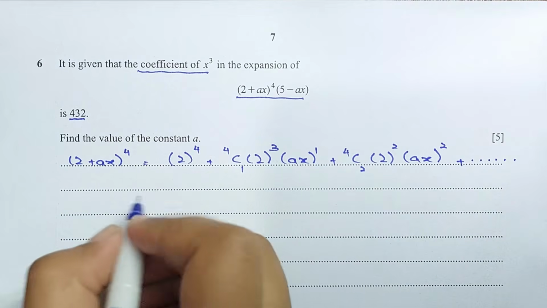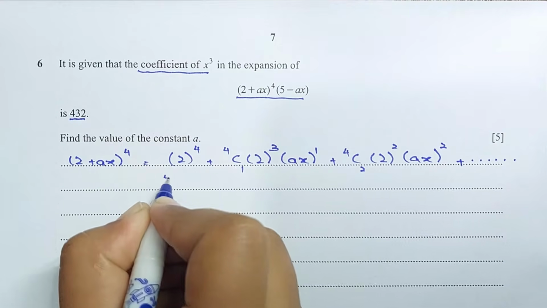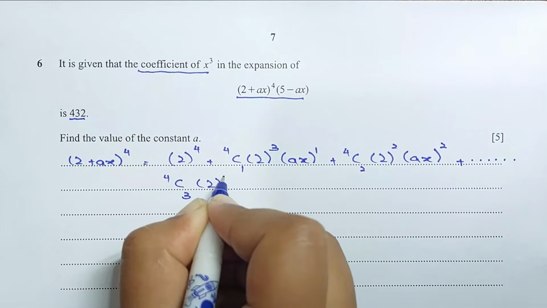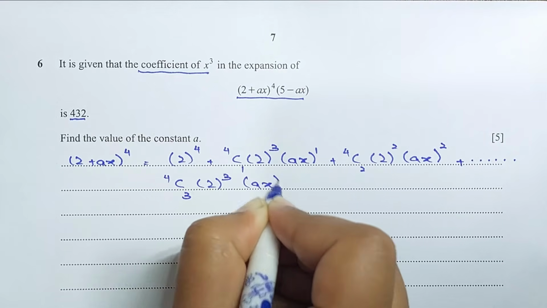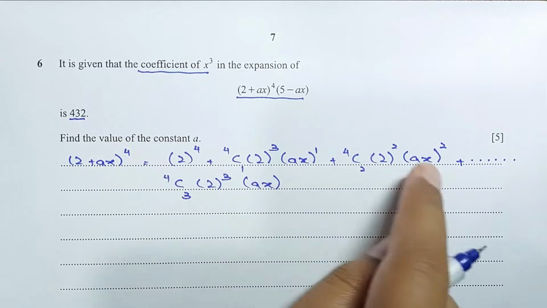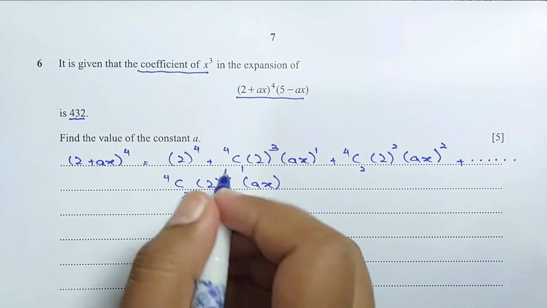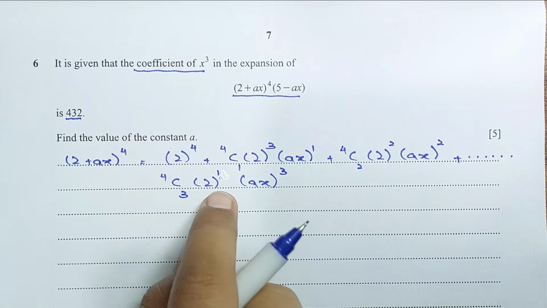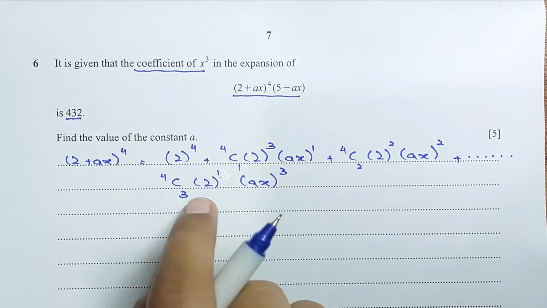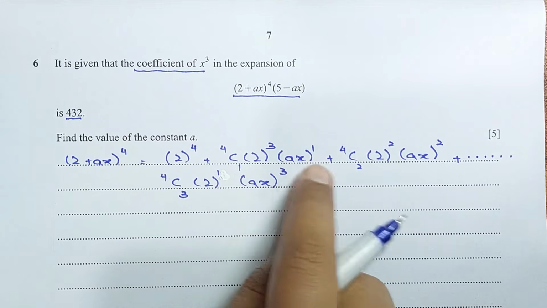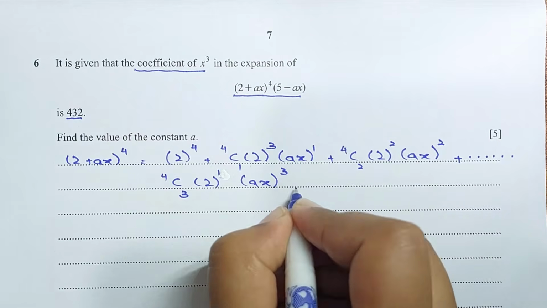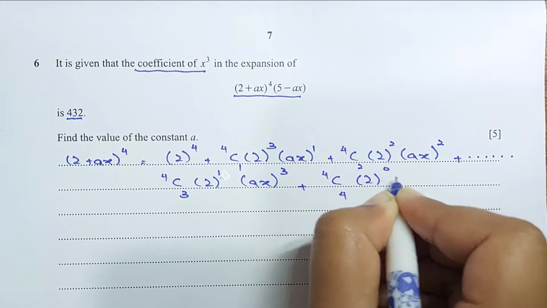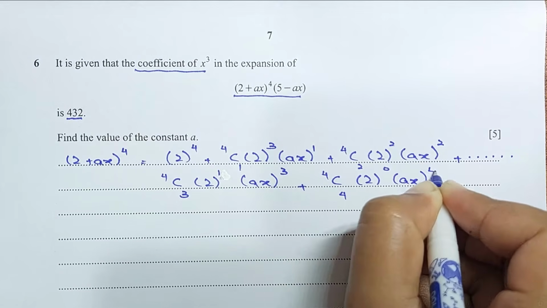Let me open the rest of the terms as well: 4C3 times 2 to the power 1 and ax to the power 3, because the first term's powers are decreasing 4, 3, 2, 1 and the second term's powers are increasing 1, 2, 3. And then 4C4, 2 to the power 0 and ax to the power of 4.